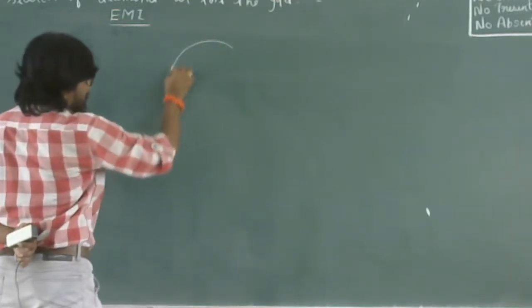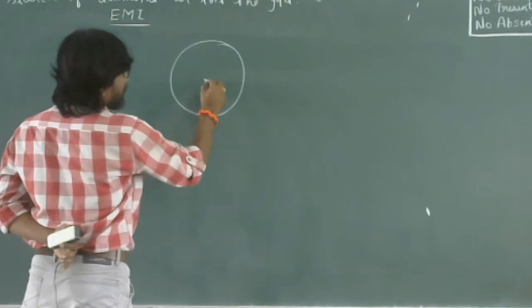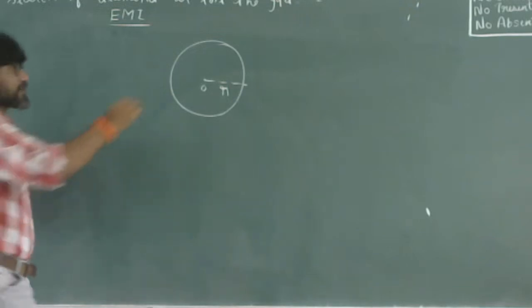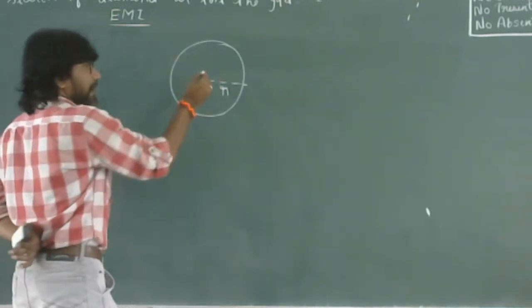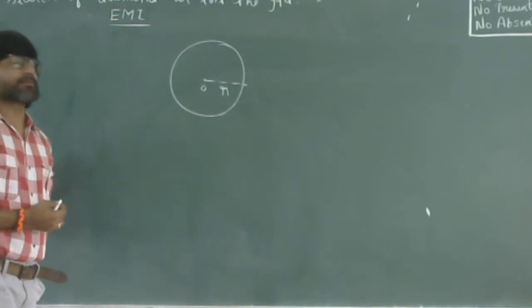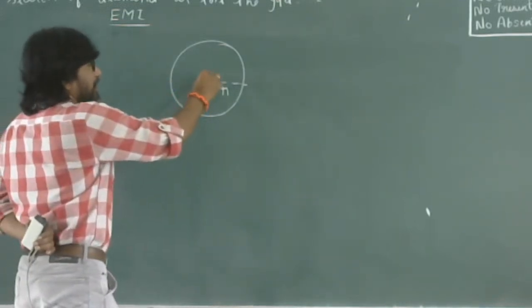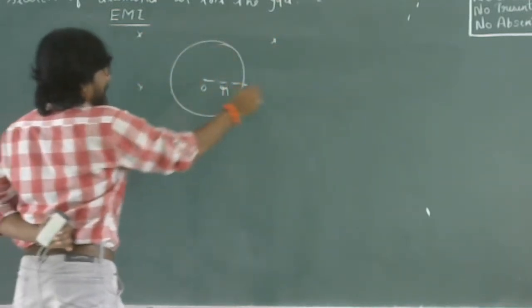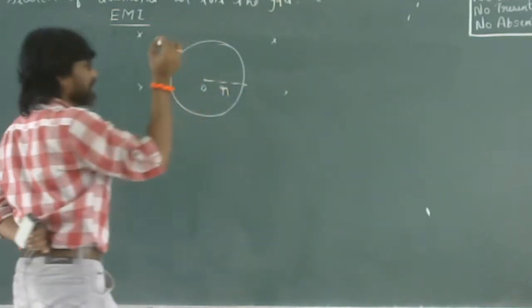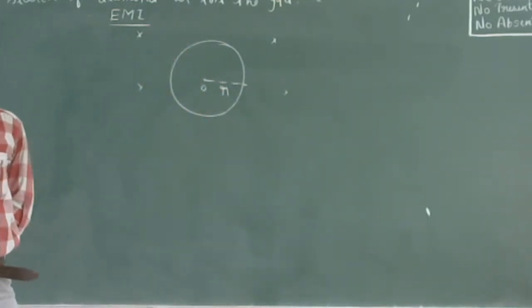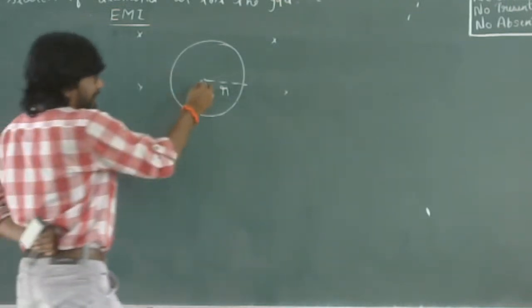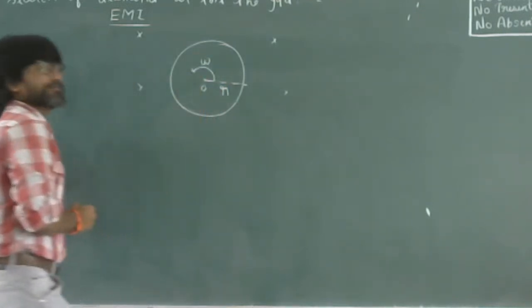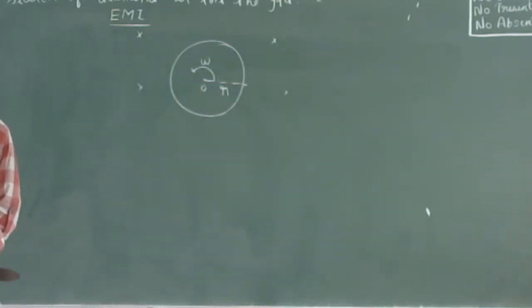If you consider a disc with center O and radius R, when it is rotating about an axis perpendicular to the plane, and a magnetic field is also acting perpendicular to the plane, or you can say the axis is parallel to the direction of the magnetic field, then when it is rotating about this axis with an angular velocity omega, some EMF will be induced in this.